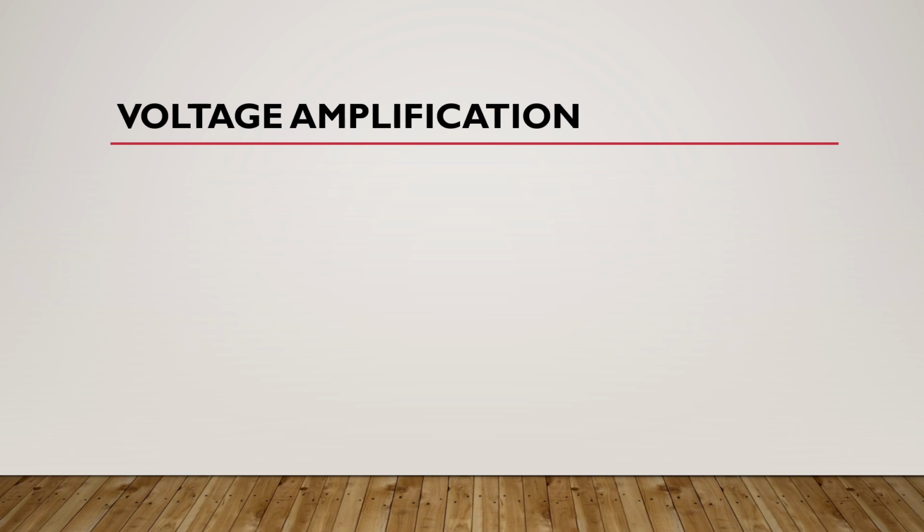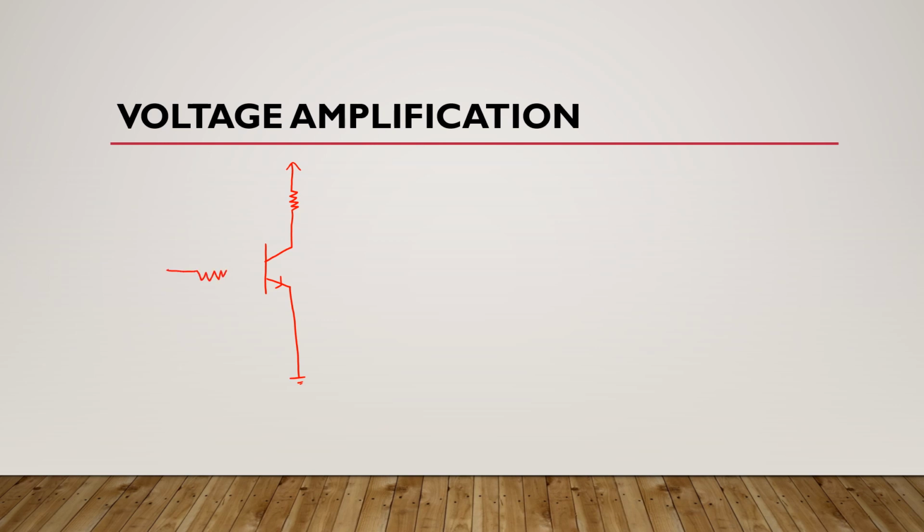Now we will understand how transistor acts as an amplifier. Suppose you have a circuit diagram like this, where the arrow is here, it means it is an NPN transistor configuration.